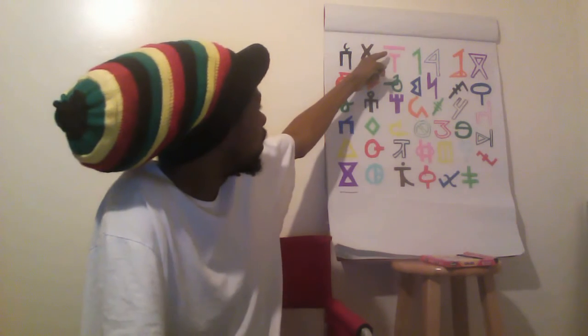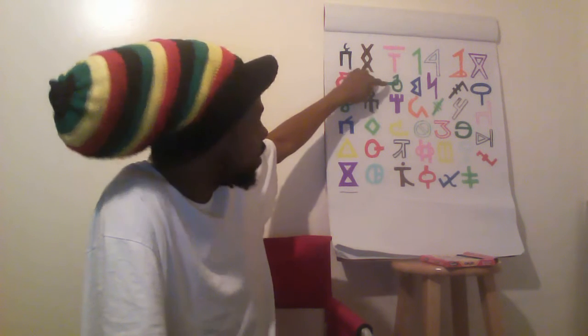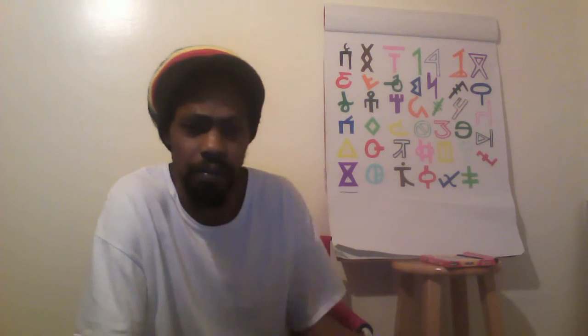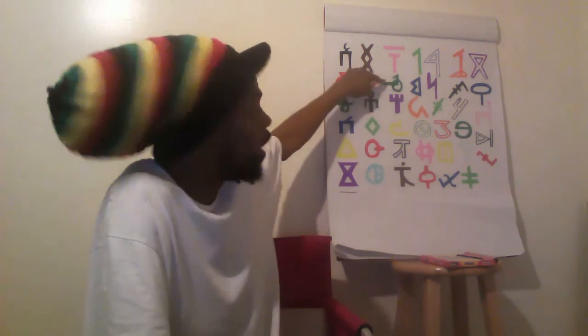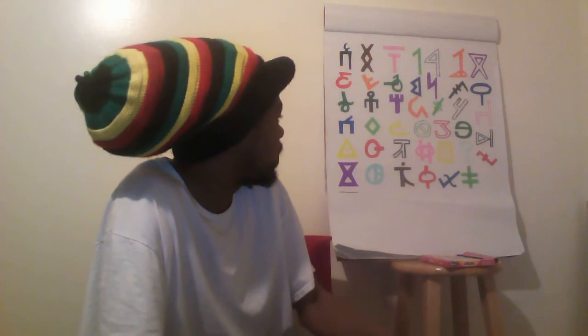Next we have He, pronounced similar to the H sound when you say the words hot or how. So you have the letter He, kind of a hard H, as people like to say.